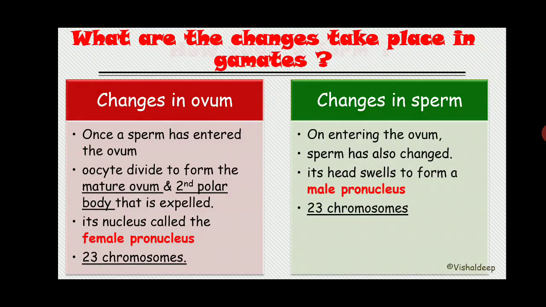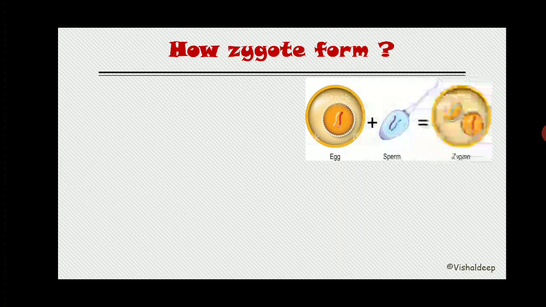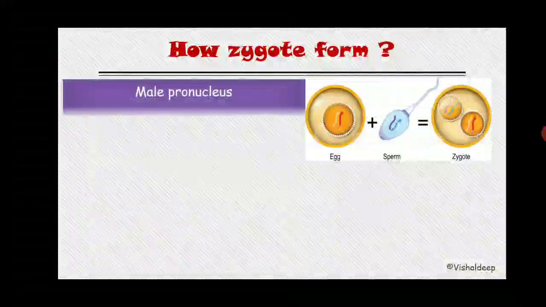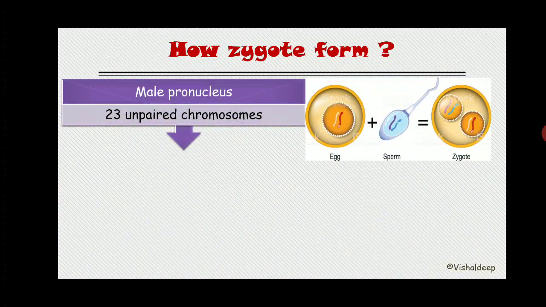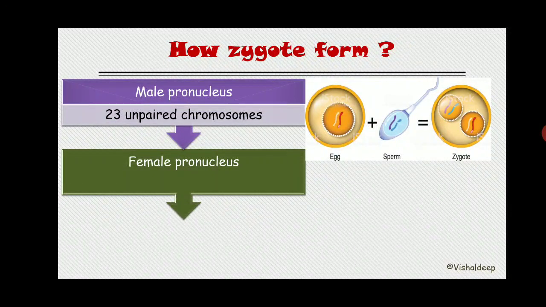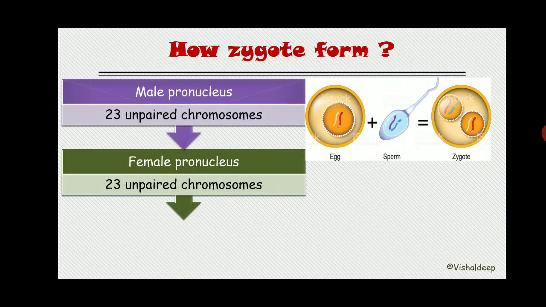Now how does the zygote form? It is a very simple thing. When the female pronucleus and male pronucleus fuse together, they make a zygote, right? The male pronucleus has 23 unpaired chromosomes. The female pronucleus also has 23 unpaired chromosomes.